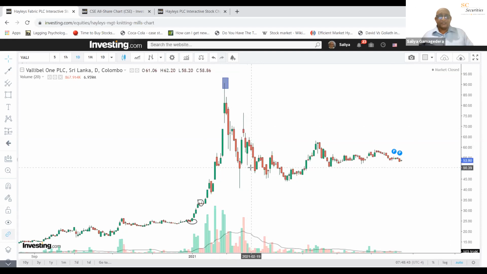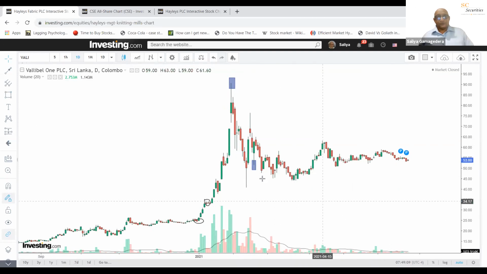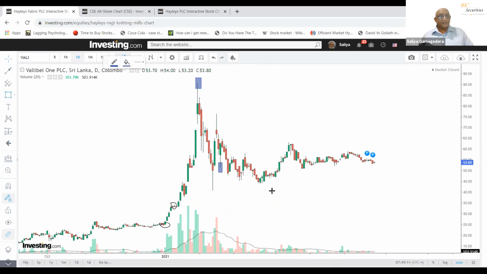Again, the same formation of a swing low here, right? Let's take here, and then you have another low here, lowest low, higher low. So you can just keep drawing them and practice to recognize these areas.